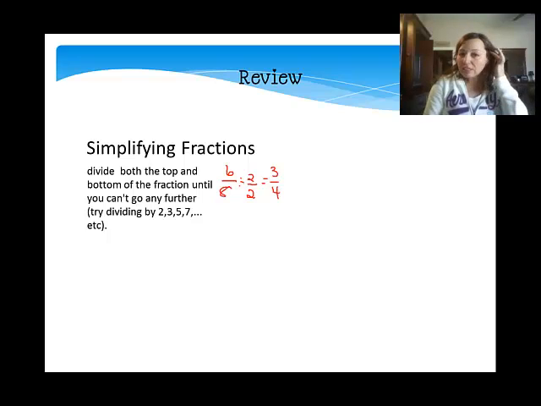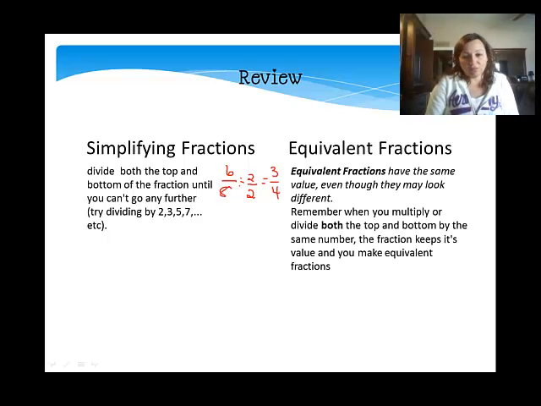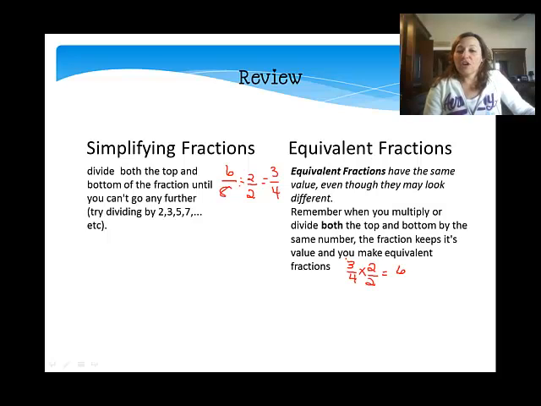The other thing I need you to remember is equivalent fractions. So equivalent fractions have the same value even though they may look a little different. So if you look at 6/8 and 3/4, they look a little different, but they have the same value because it's just one fraction simplified. So remember also when you're making equivalent fractions, if we were to take 3/4 and make an equivalent fraction, we're going to multiply both the top and the bottom by the same number, and that gives us 6/8.